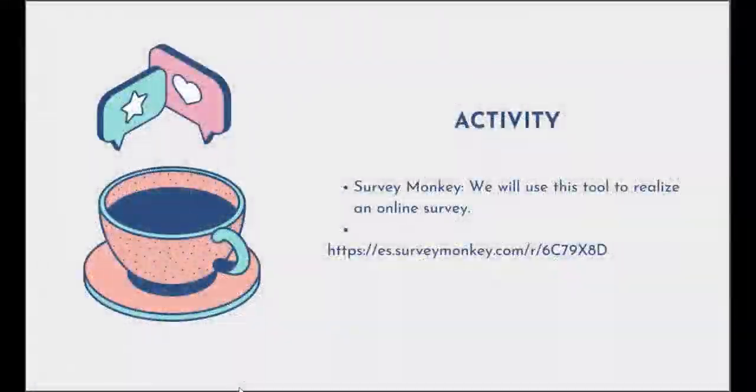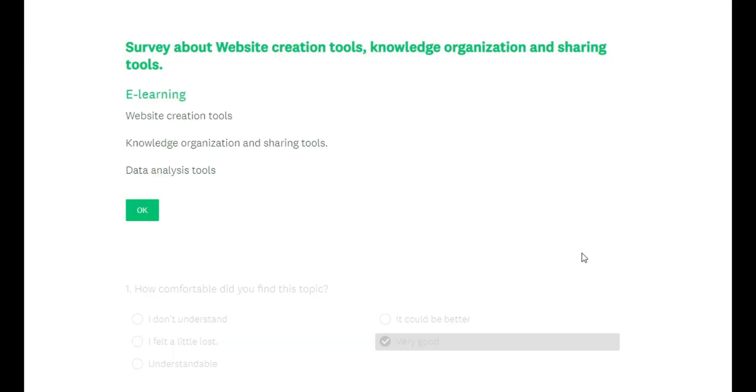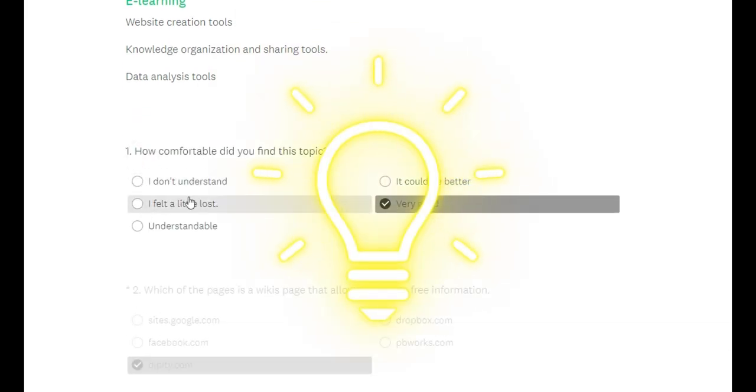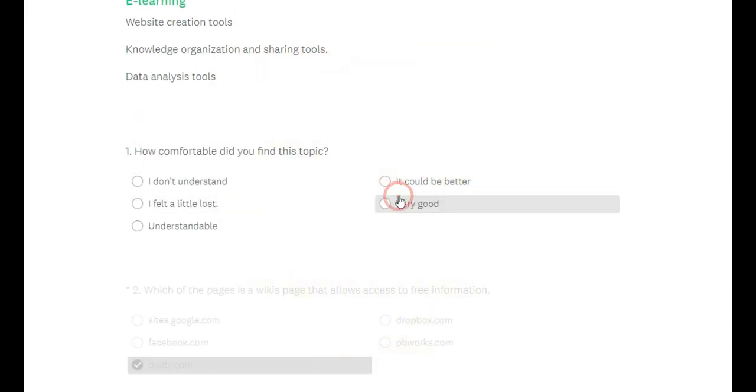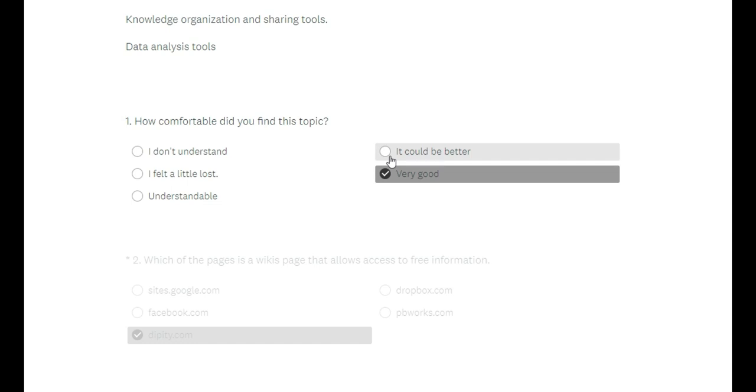The activity that we tried to use is a survey in SurveyMonkey, a page which allows you to make different surveys with multiple options, also with 3 options. So it's an easy one. We thought on this because it is very easy for the student because it's visual, kinesthetic.